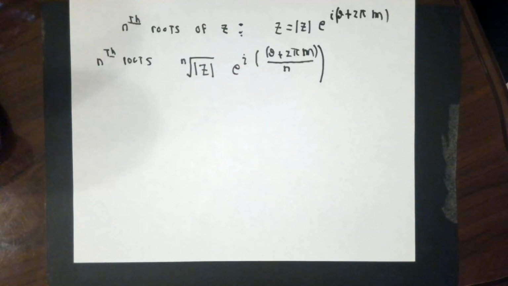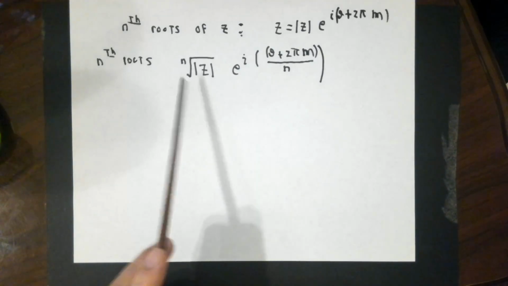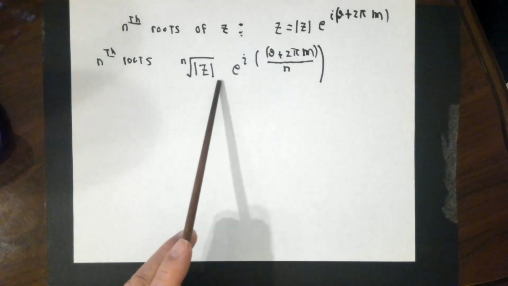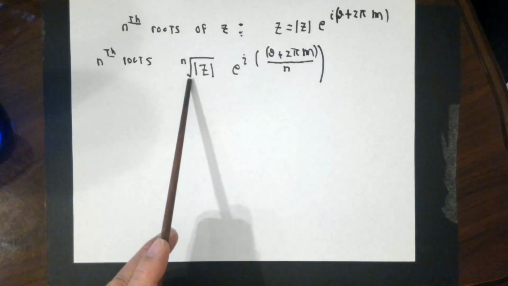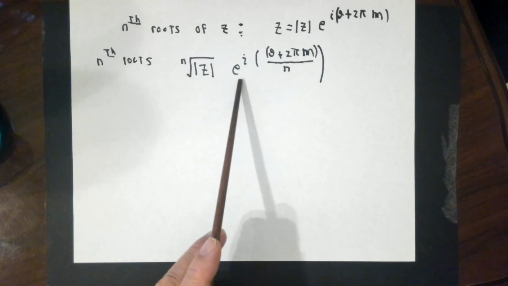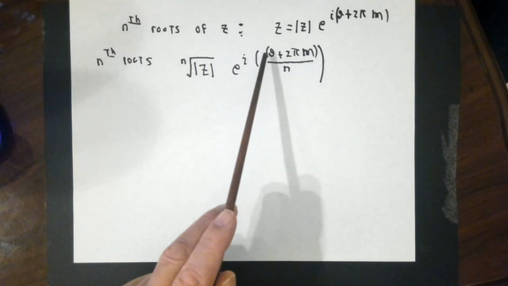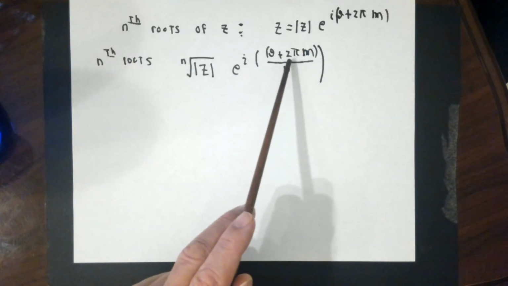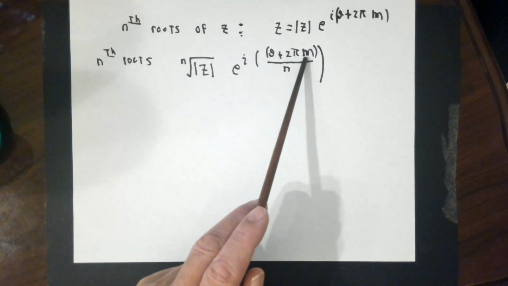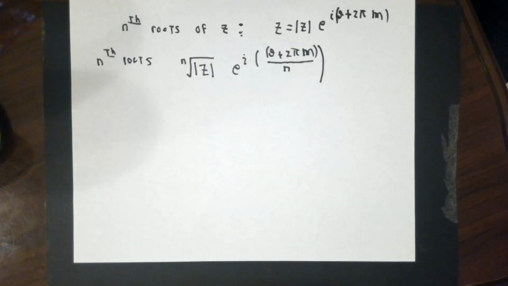I'm going to think of nth roots of complex number z as having modulus principal nth root of the length of the complex number times one of these e to a power symbols, theta plus 2 pi radians times m, where m is a whole number, has the same terminal point as just theta.